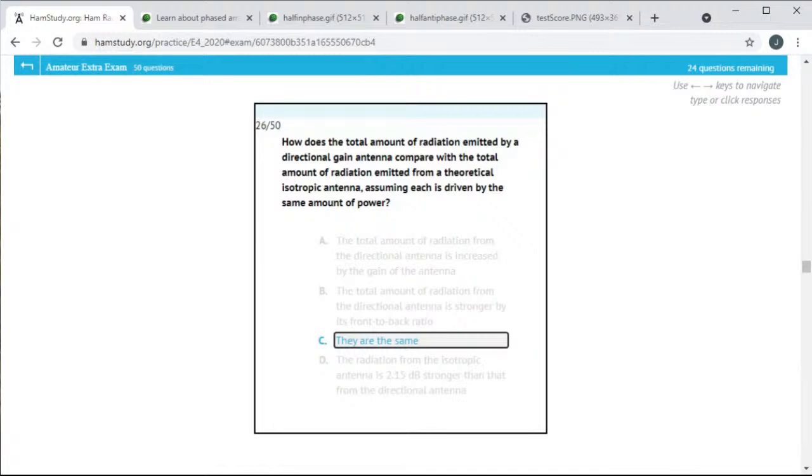The advantage of a directional antenna is that it takes the power that would go to the back side and focuses it onto the forward side.